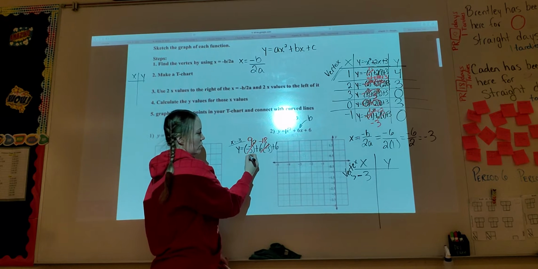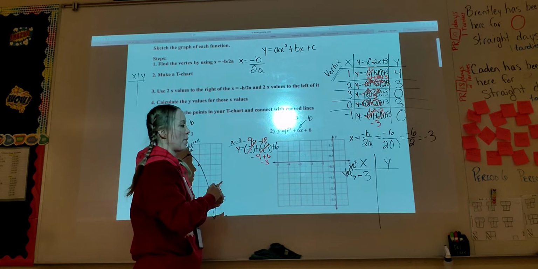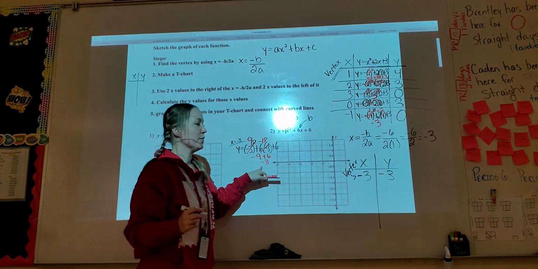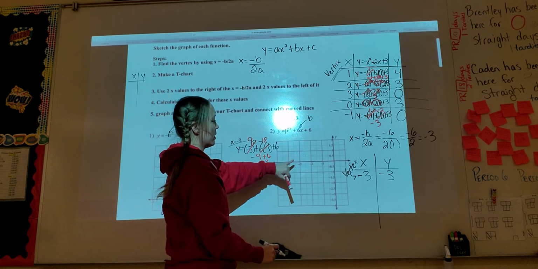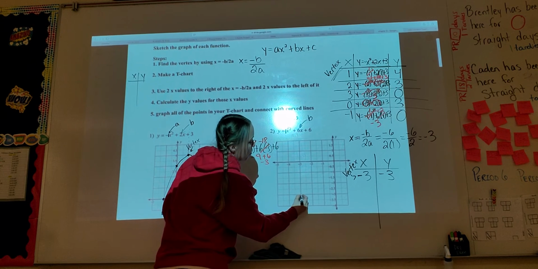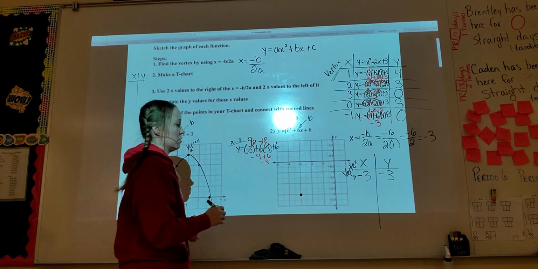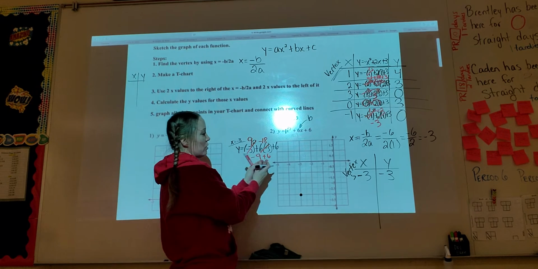So I've got 9 minus 18, that's -9, plus 6, that gives me -3. So my y value is -3. Now I'm going to put this on the graph. I'm at -3 on my x, -3 on my y, so right here it is. That's my vertex.